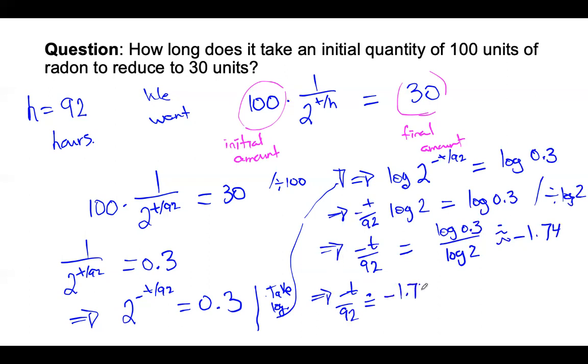And then we can multiply both sides by negative 92, which implies our t is equal to negative 1.74 times negative 92, a negative makes a positive. So it's approximately 160 hours.